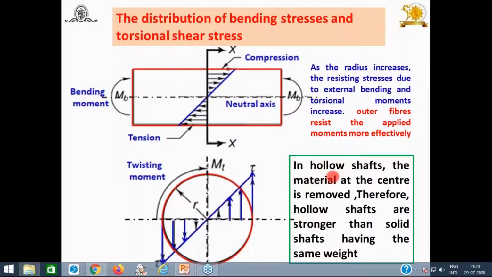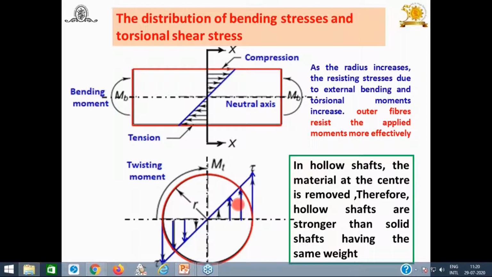Therefore, in a hollow shaft the material is removed at the center, and because of that the hollow shaft becomes stronger than the solid shaft having the same weight. To have the same weight, the diameter or dimensions of the hollow shaft are going to increase compared with the solid shaft. That is the disadvantage, but you will get a stronger hollow shaft than the solid shaft.